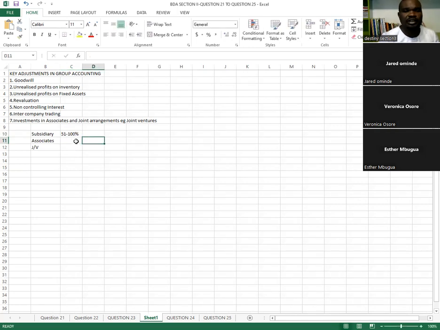In an associate, the parent has between 20 to 49% of the shareholdings. Then in a JV, the parent has exactly 50% of the shareholdings.